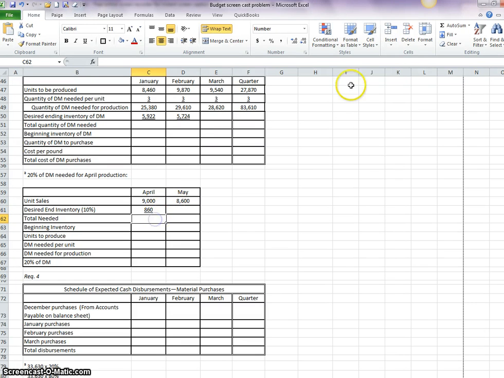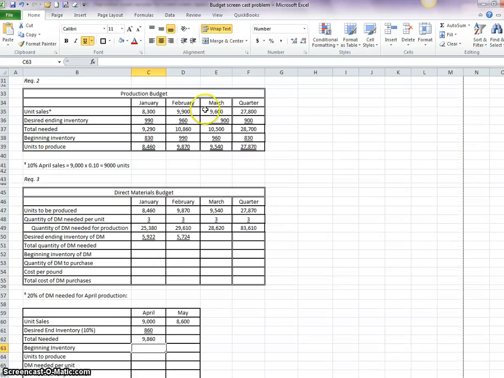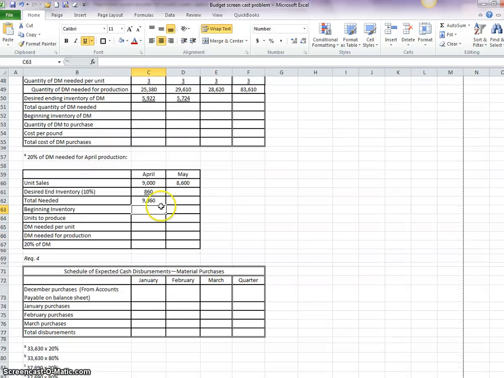So the total that we need, let's just sum that up, and this is our total production. This is the production budget for April, and I chose not to put it to the right of the quarter, but to put it in its own total, but that's what it is.